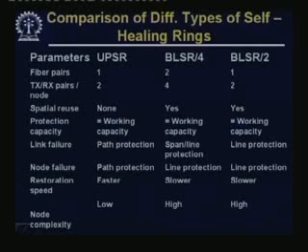So, we can compare the 3: UPSR, BLSR 4 and BLSR 2. For example, fiber pairs are 1, 2 and 1, transmission receiver pairs are 2, 4 and 2. Spatial reuse in UPSR is none, in BLSR 4 it is there, and in BLSR 2 it is there. Protection capacity is equal to the working capacity.